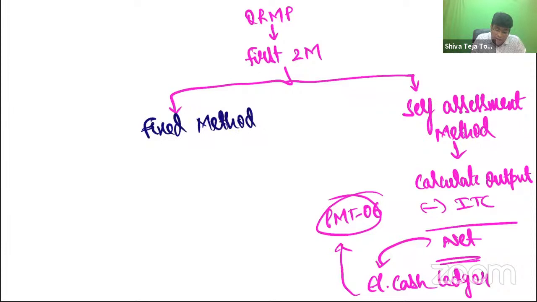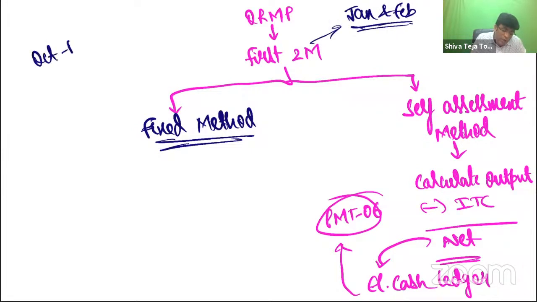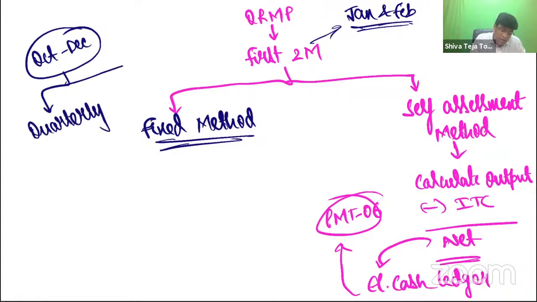And this fixed method, what they told is 2 points. For example, when we are talking about Jan to February, because first 2 months we are discussing. Now, October to December, we would have followed quarterly basis, or we would have followed monthly basis.